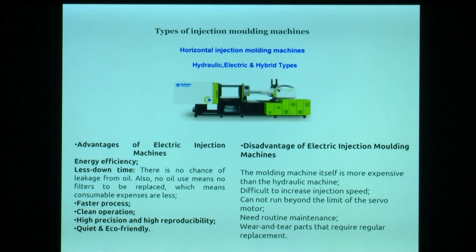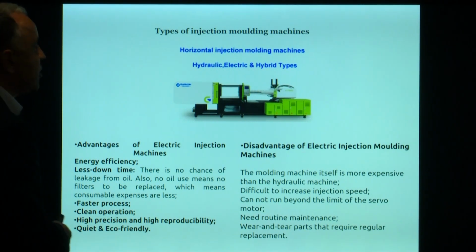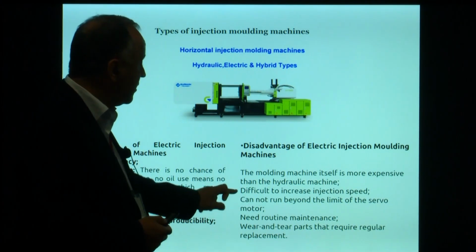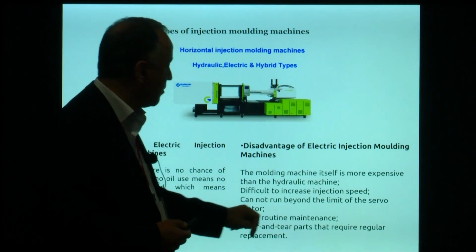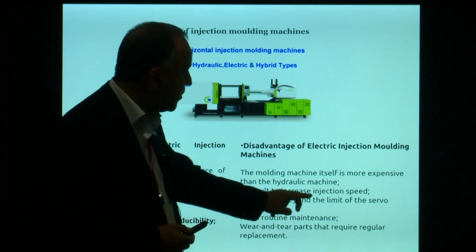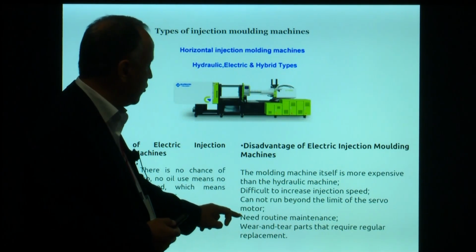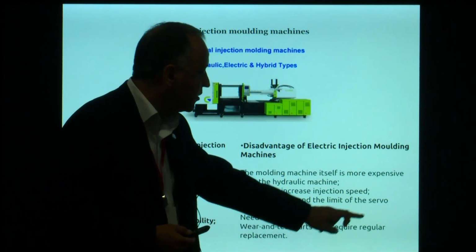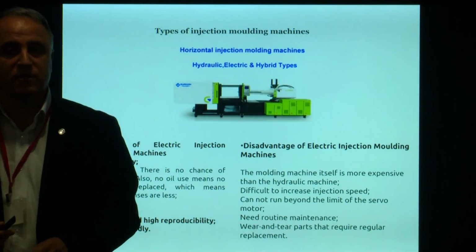But there are also some disadvantages. The molding machine itself is more expensive than the hydraulic one, difficult to increase the injection speed, cannot run beyond the limit of the servo motor, needs runtime maintenance, wear and tear parts that require regular replacement.